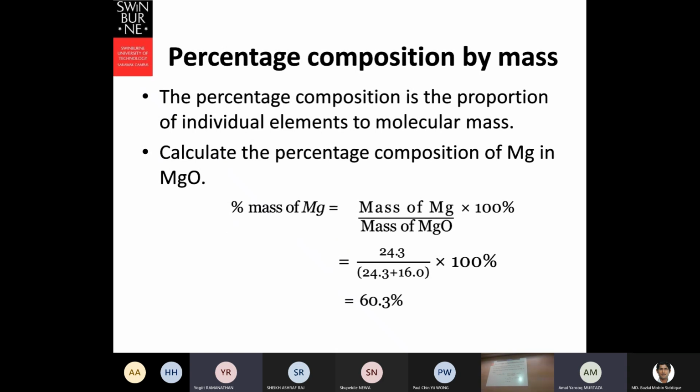So just now we have found the percentage of abundance and then the relative atomic mass.